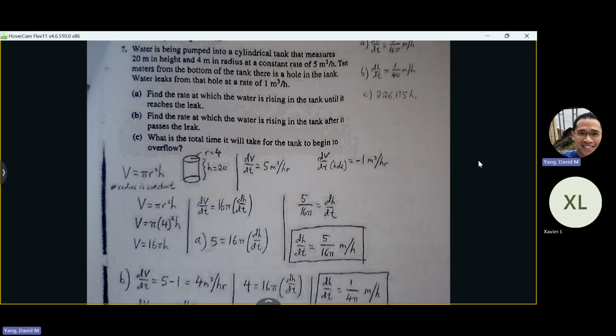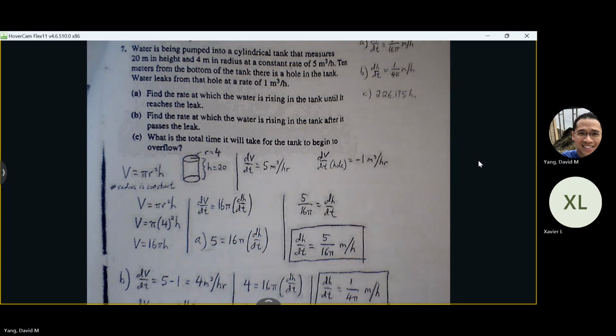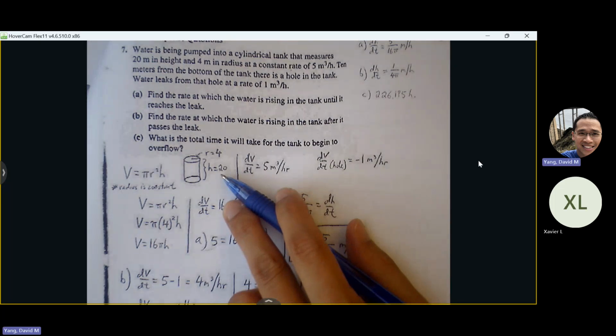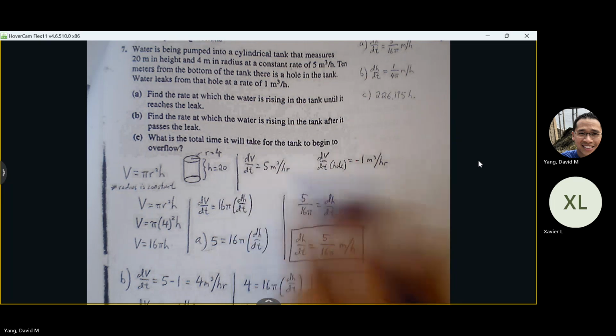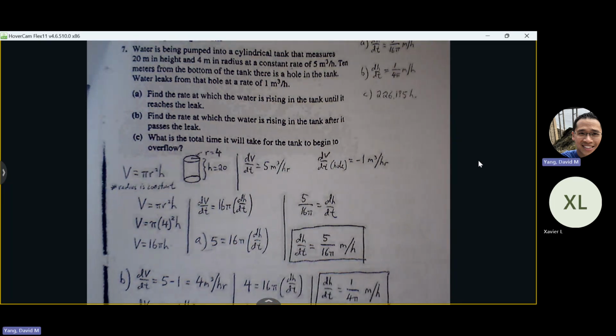There's 20 meters in height, 4 meters radius, a constant rate of 5 cubic meters per hour.